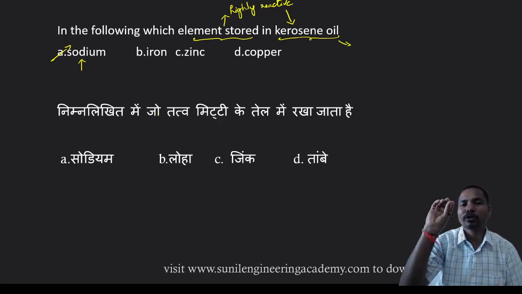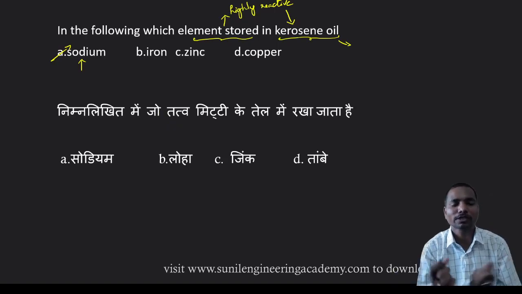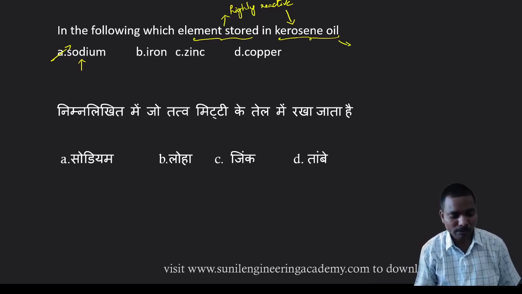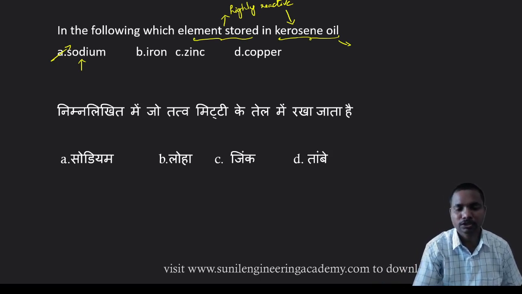They drop some amount of sodium in water, and after a few seconds it is like a blast. So sodium is a very highly reactive element, so if it is in the pure form, you have to store it in kerosene oil.